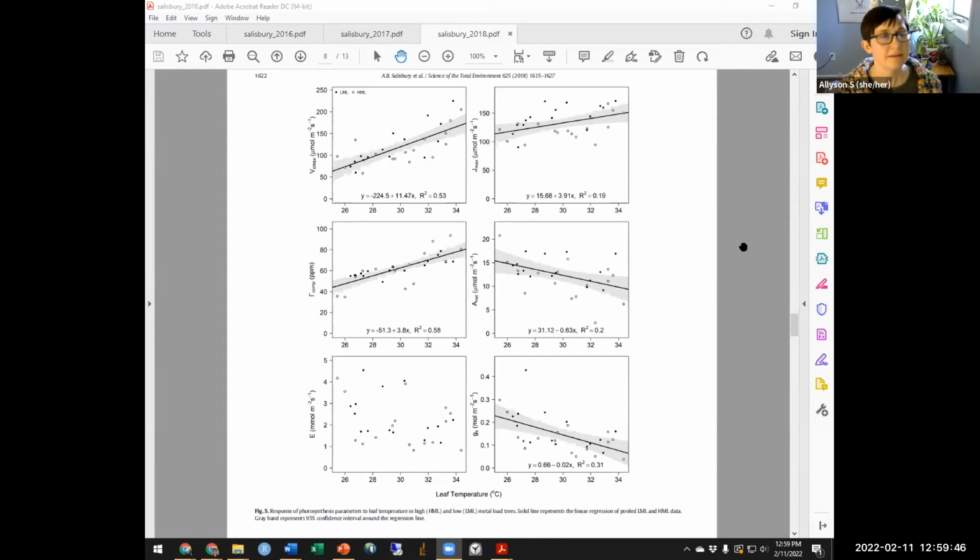That did not. But if you're familiar with photosynthesis work, we look at a lot of different variables in tandem. So that's what every panel is, a different photosynthesis variable. We have the carboxylation rate, the electron transfer rate, et cetera. So it's the same set of measurements, but looking at different response variables.